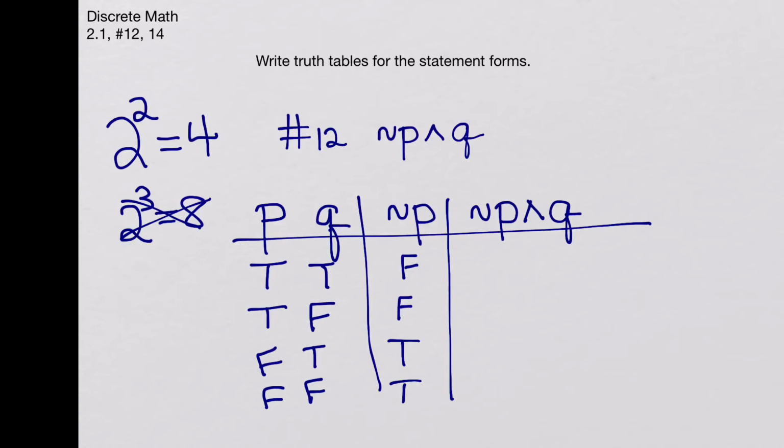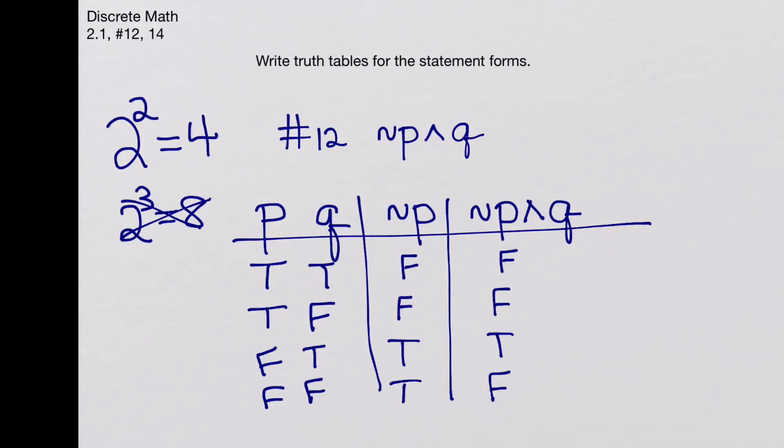So whenever you have any false in the statement with AND, the answer is false. So we're going to get false, false, and then we have 2 trues, which makes true, and then another false. So this is our final answer for this particular problem.